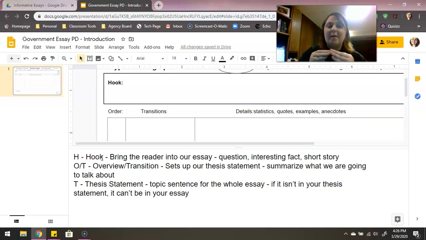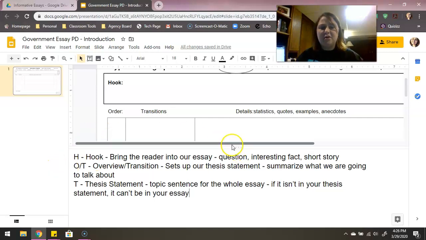You have to talk about everything that you're going to talk about in your thesis statement. Now, you don't have to get super specific. Like, we're not going to list the functions of the executive branch or anything like that. But you need to talk about the executive branch, legislative branch, and checks and balances. So why don't we just start there?